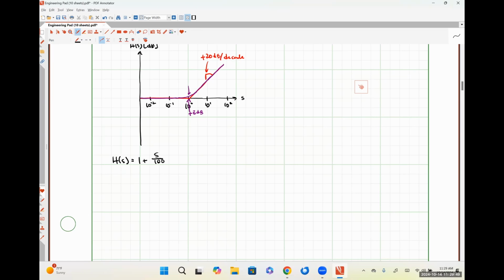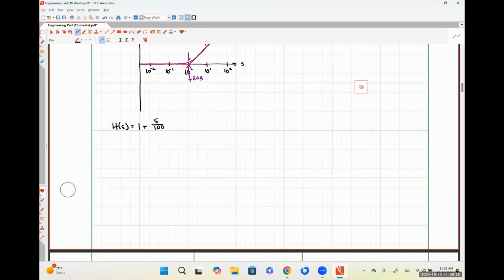And so our corner would be at s is equal to 100. Theoretically, what would the slopes look like? What if it were just 100 over s? We go on the other side of the graph.